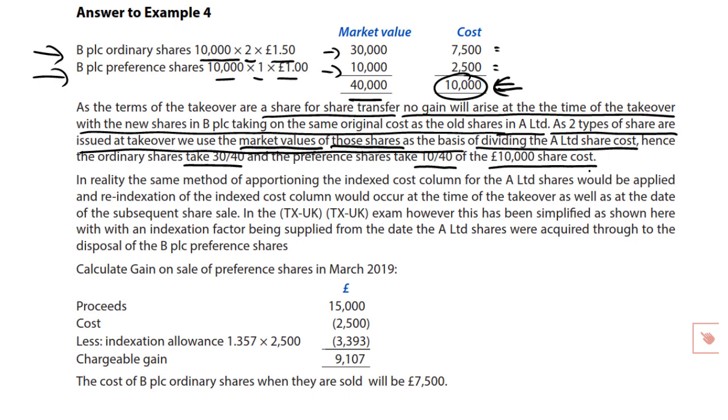Now, we know that when dealing with a corporate shareholder, on any chargeable disposal where a gain needs to be computed, we need to compute and deduct indexation allowance. It wasn't a problem that we had when dealing with individuals. So, in reality, the same method of apportioning the index cost column, so you could have been told here what the indexation factor was from when the original shareholdings had been acquired.